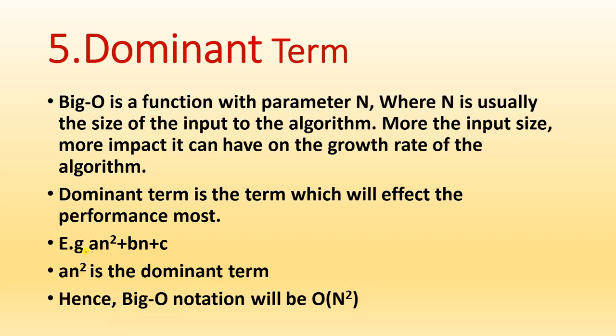If you want to calculate the big O notation, it will give you O(n square). Why this O(n square)? Because this a is the constant one. This a is the constant, and this n square is the big O notation. The complexity of this equation is capital O, n square.